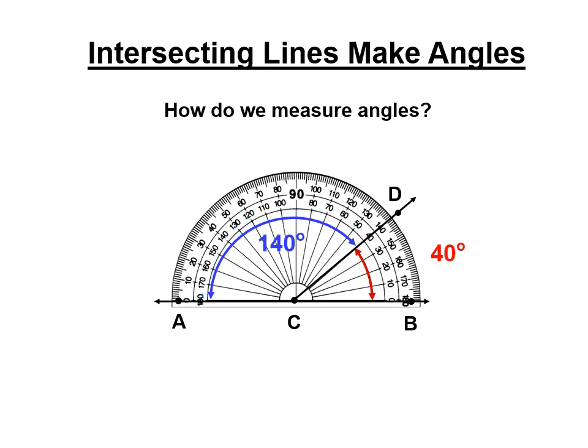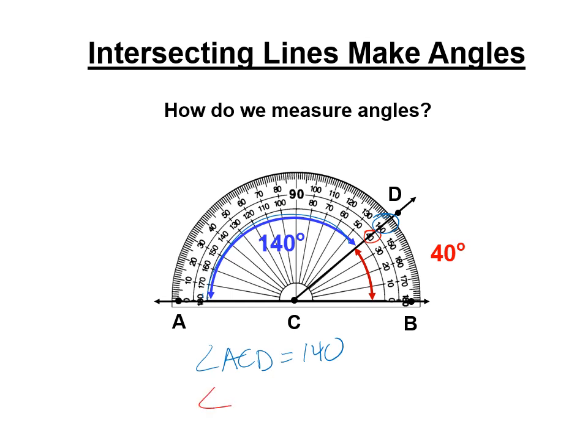So the angle on this side, the one in red, you're going through the 40. But on the other side, this angle over here, angle ACD equals 140, and you can see that you're using the outer scale from that side. And that way you can measure angles from both sides.